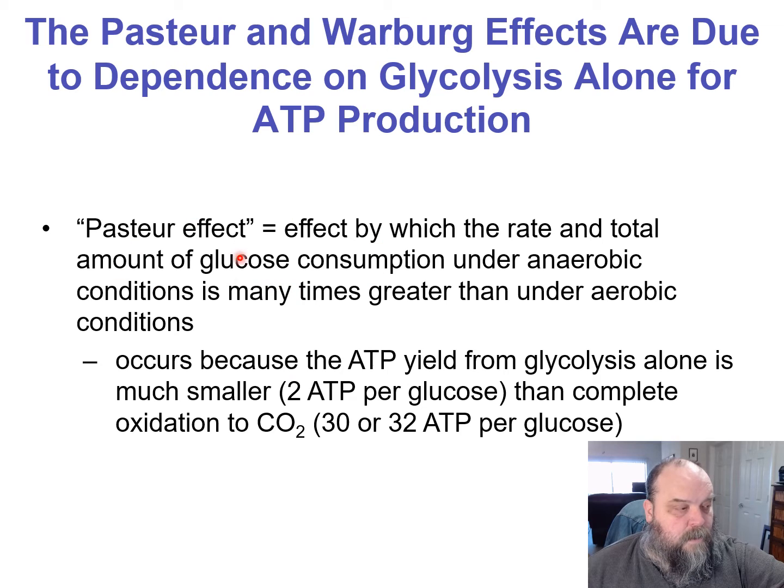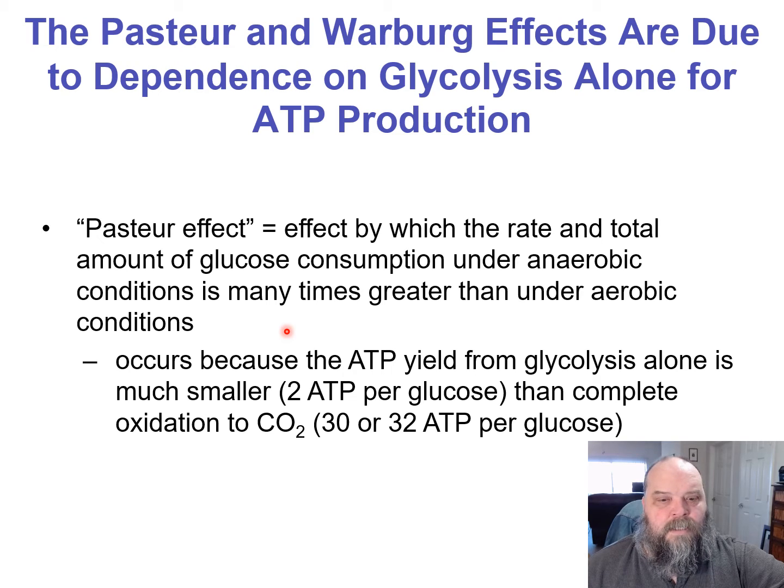These organisms that are under the Pasteur effect have evolved mechanisms to make this a more efficient process. We do lactate fermentation. Only certain cells in our body can do lactate fermentation, lactic acid fermentation.